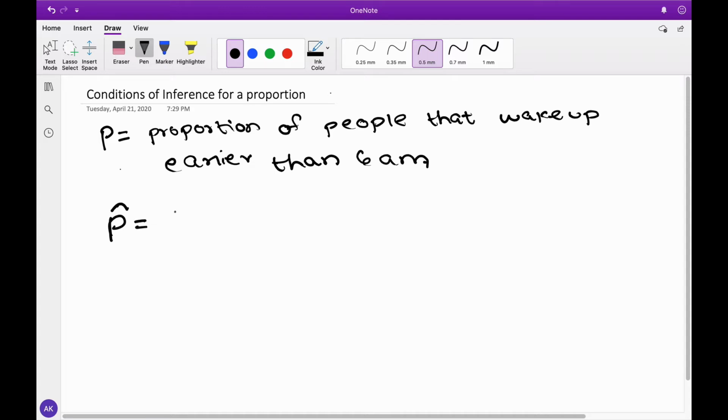In the sample, we only have to ask, let's say, maybe 100 people. That seems reasonable. It's not as expensive. And in those 100 people, we measure the proportion of people that wake up earlier than 6 a.m.